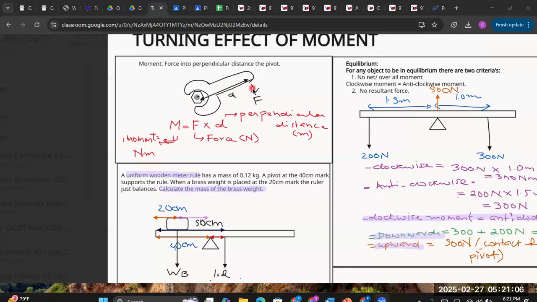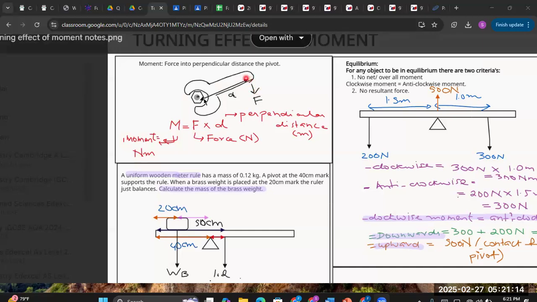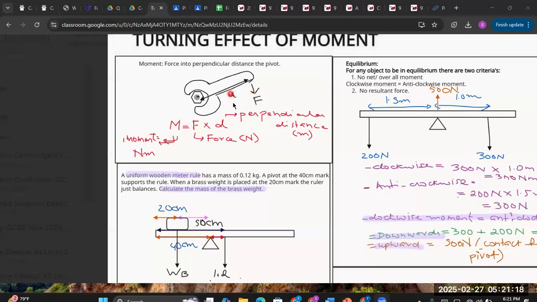So that's the major difference. In moment, the force and the distance are perpendicular to each other. The unit of moment is always going to be Newton meters.